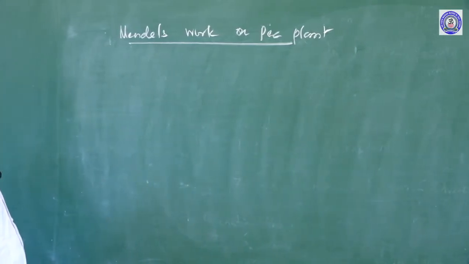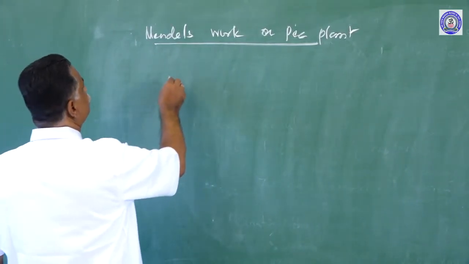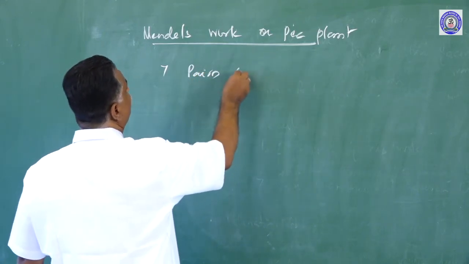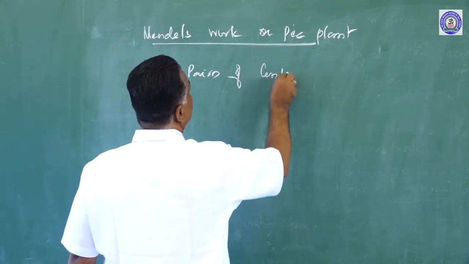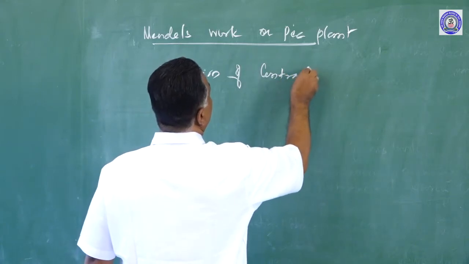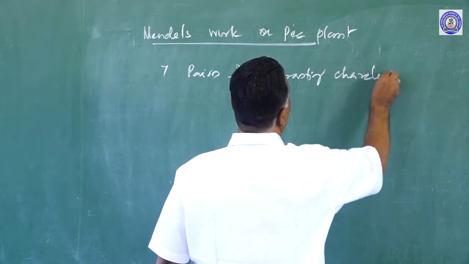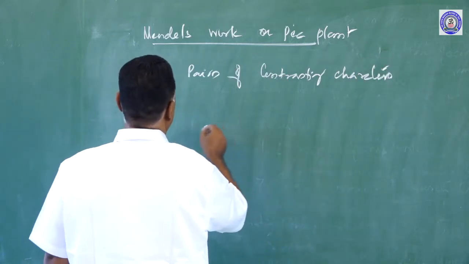Work on pea plant. Mendel took 7 pairs, as I said earlier, 7 pairs of contrasting characters in Pisum sativum. What are the characters?